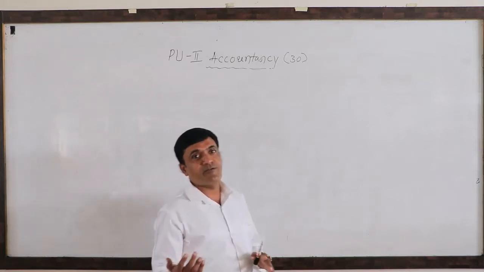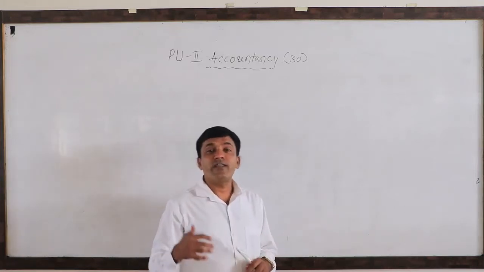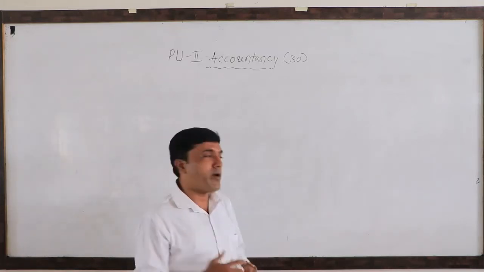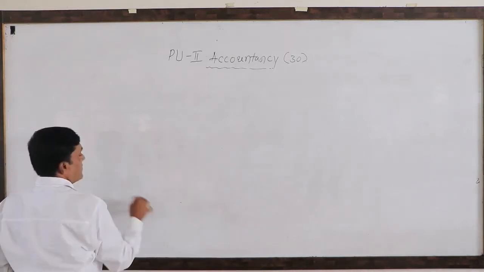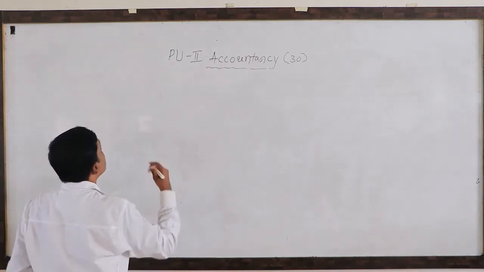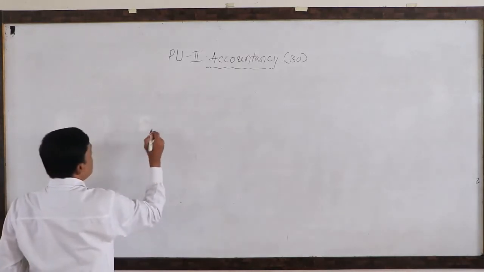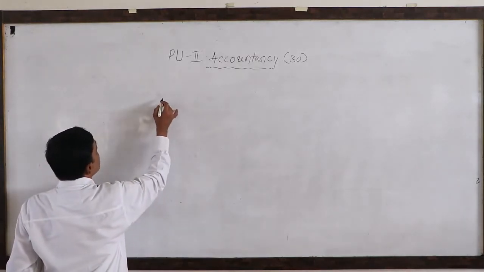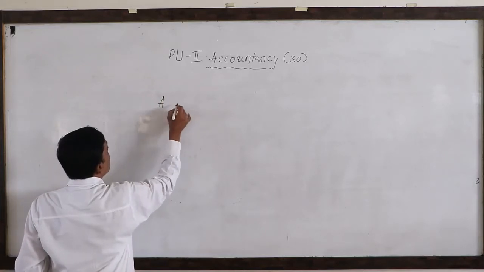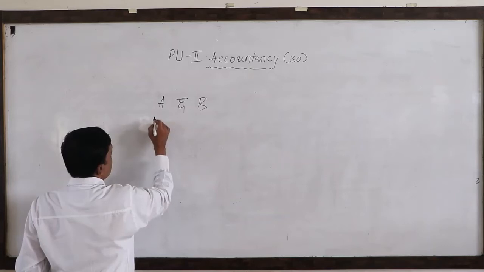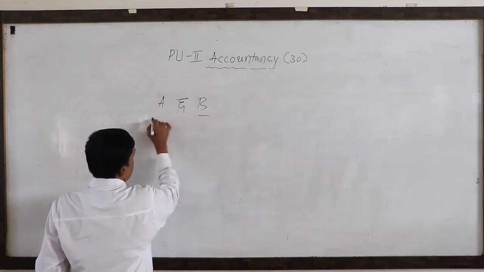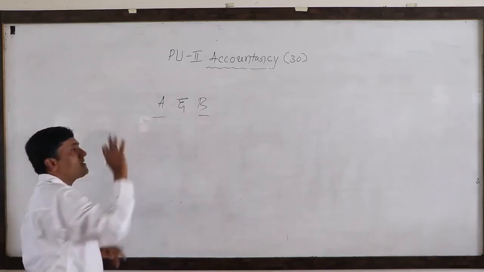In the last video we have seen how to calculate the sacrifice ratio of old partners. So let us see once again in brief. In the last class we have seen there are two partners, A and B. So we can say them as the old partners, or the existing partners.